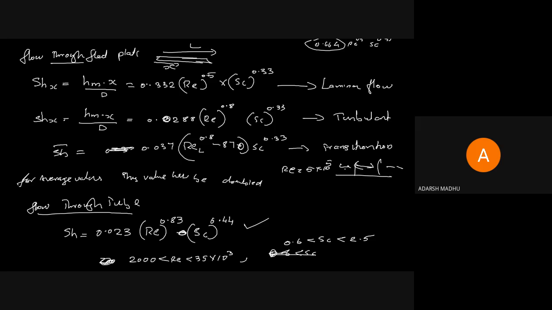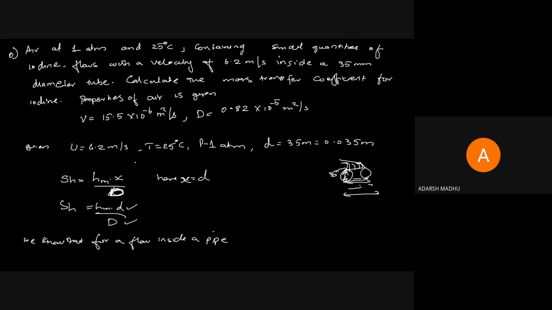If the question gives an average temperature as 15 degrees Celsius and an average pressure, if it is asking for an average value, you can take just double of this value. If the question is asking for a normal condition, you can take the 0.332 value itself. Whether it is laminar or turbulent, the value will be doubled if it is an average question. That is very important. For average values, the values are doubled.